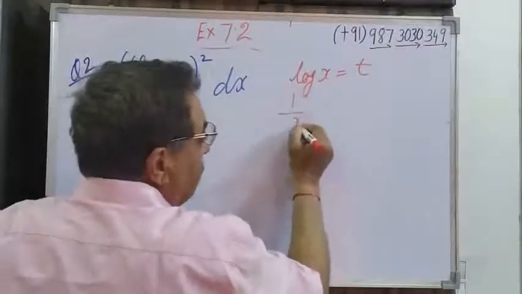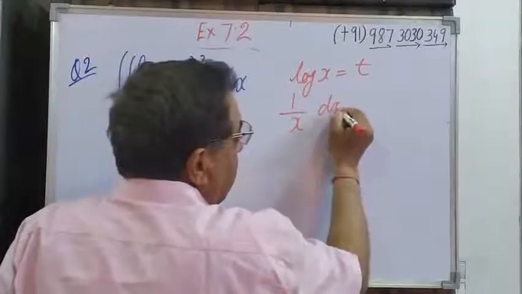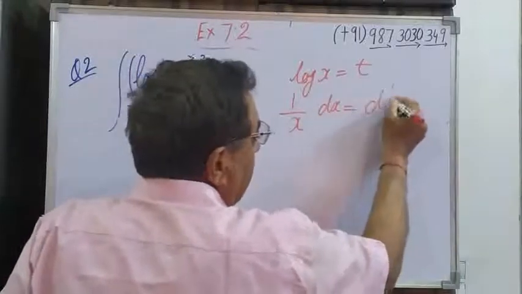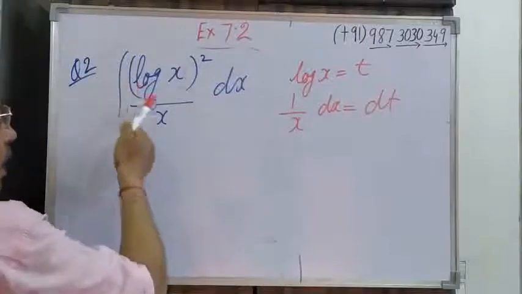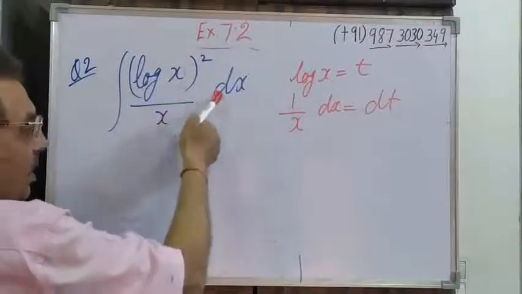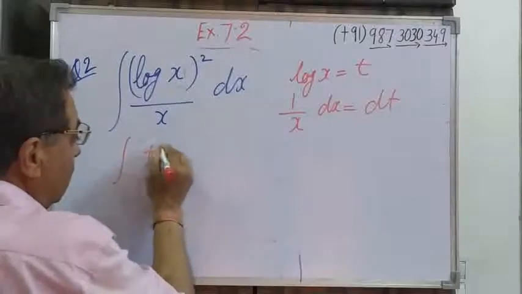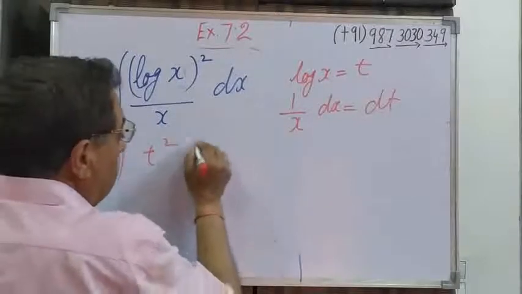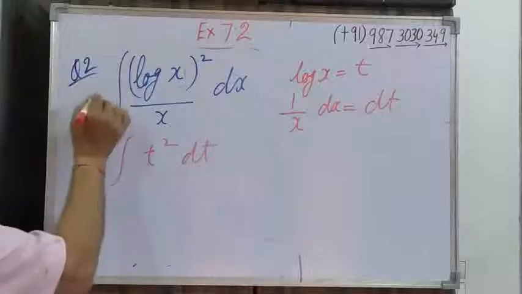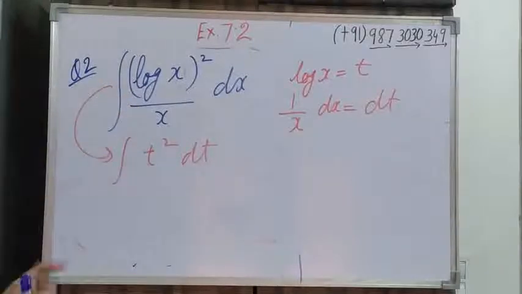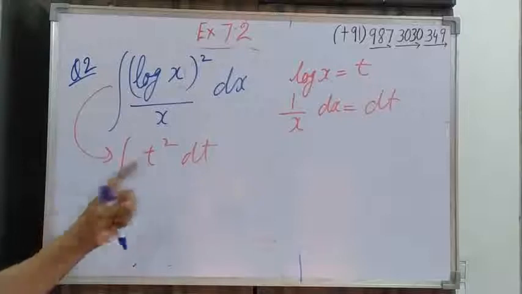It is 1 by x, so 1 by x dx is equal to dt, and log x we have taken as t. So it becomes t square dt. Now the question has been reduced in this way: log x whole square into 1 by x dx becomes t square dt.